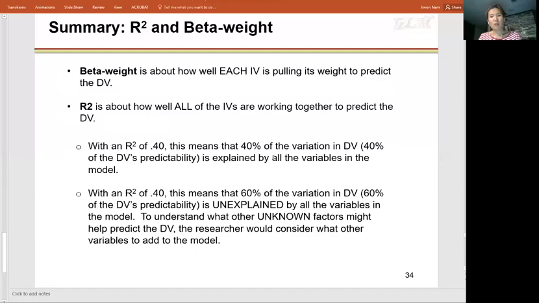Also, do you remember Cohen's rules of thumb? As long as the R square is larger than 0.25, it's a large effect. This 0.4 is larger than 0.25, so this is kind of huge, okay?